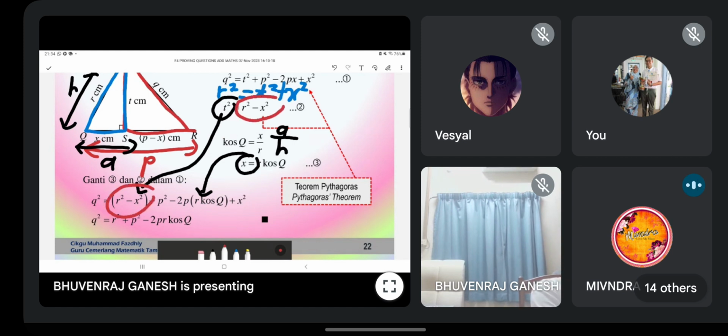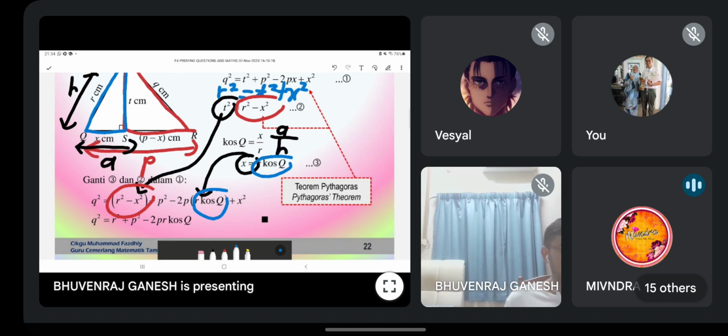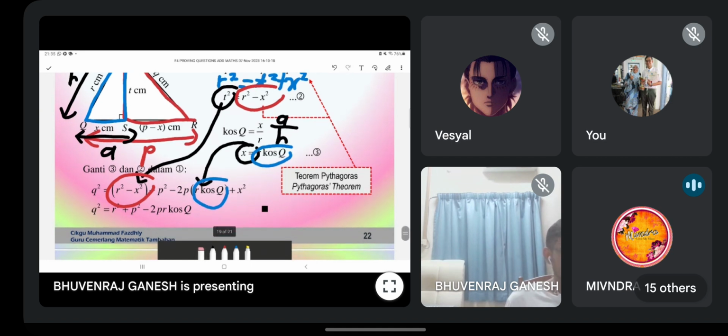So T square tu you gantikan dengan R square minus X square. And then plus with P minus 2P. And X tadi tu boleh gantikan dengan R cos Q. So lepas you dah kembangkan and you get yang formula asal lah. Q square sama dengan P square plus R square minus 2PR cos Q.